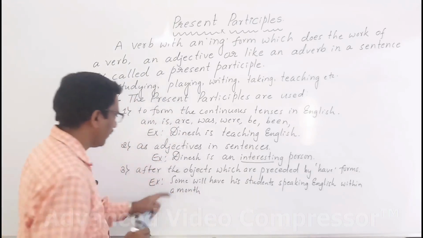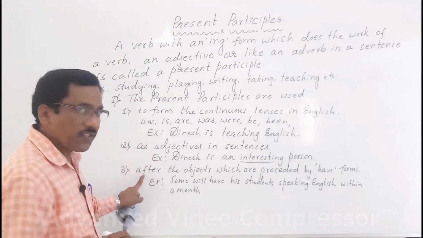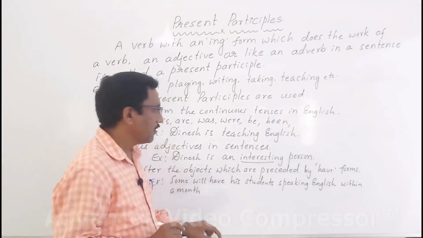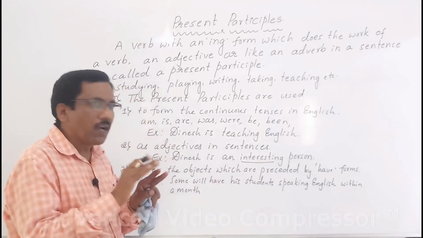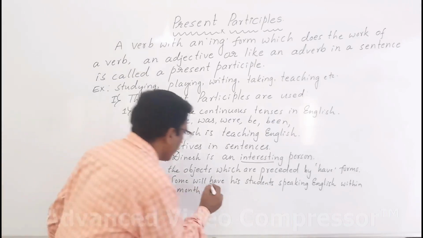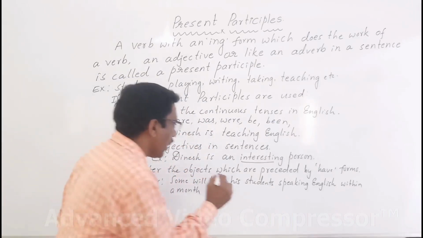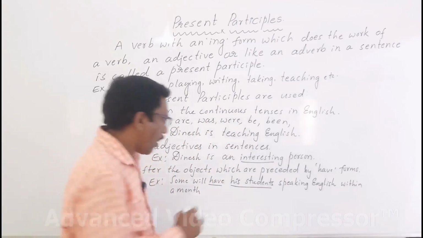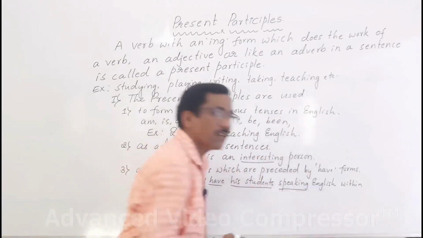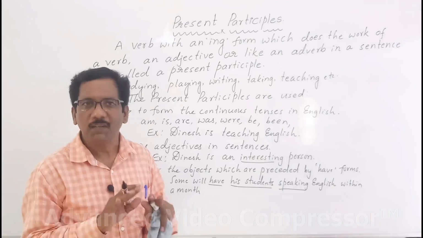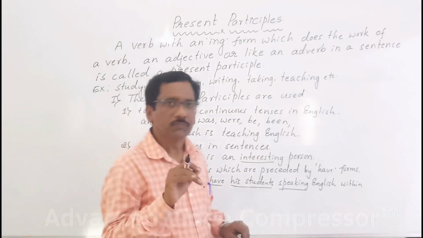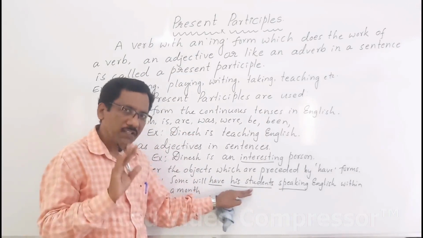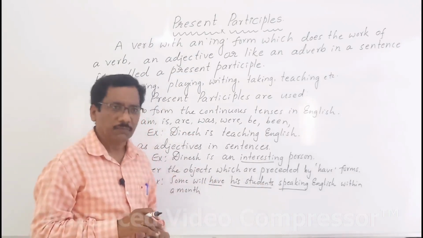Please look here. Present participle is used after the object which is preceded by have forms. Here have is there. After have, what is there? Object is there. After the object, what is there? Speaking. Present participle is used. Here you have to notice one point. What meaning does it give?